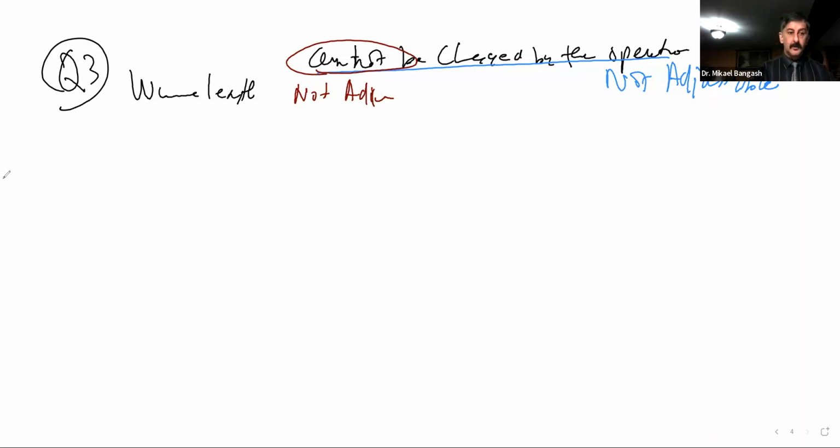Now, some of you may want to rip off my head now, because the next one is frequency. If you go back to the table, it says adjustable, and so that is wrong, right?